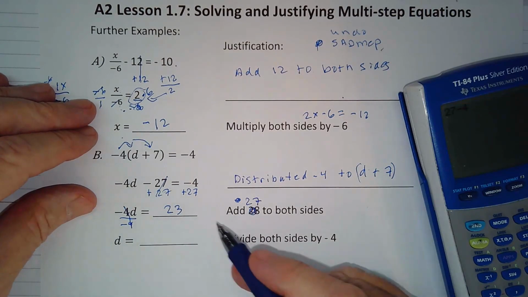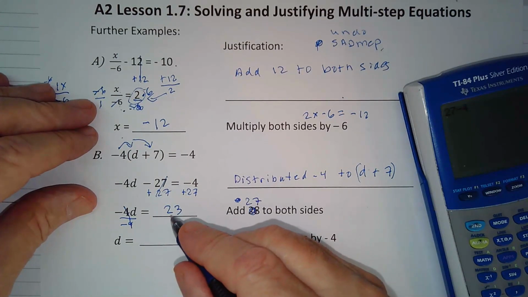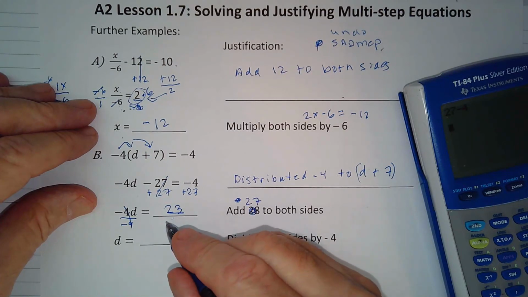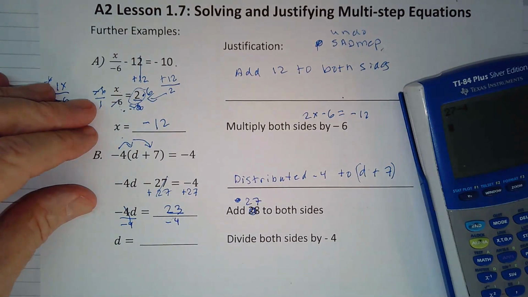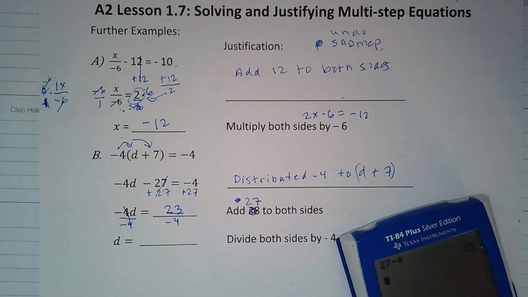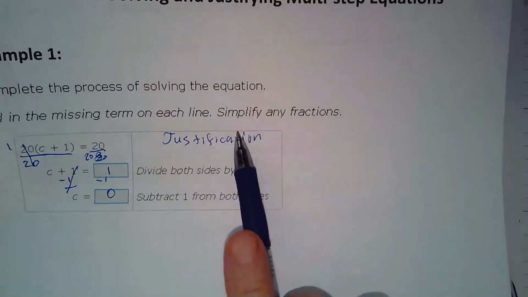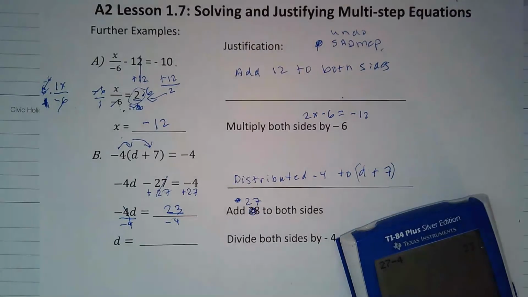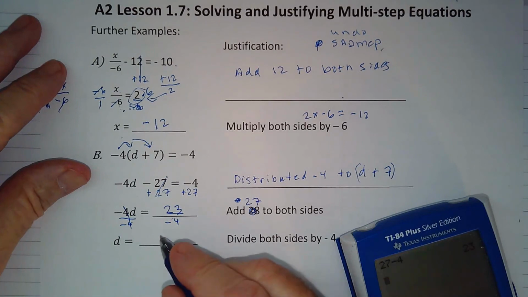You're left with 1d. You divide 23 by negative 4. Oh, that's a nasty looking fraction. Well, let's see. When we started these, I think we talked about fractions, and it just said to simplify any fraction. So if we can simplify 23 over negative 4, we would, but we don't.